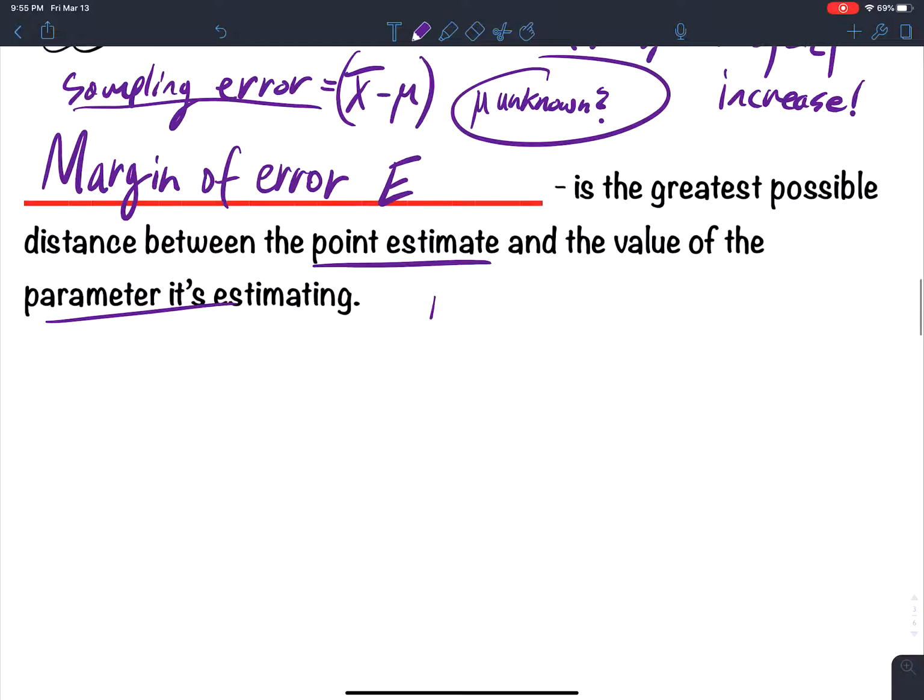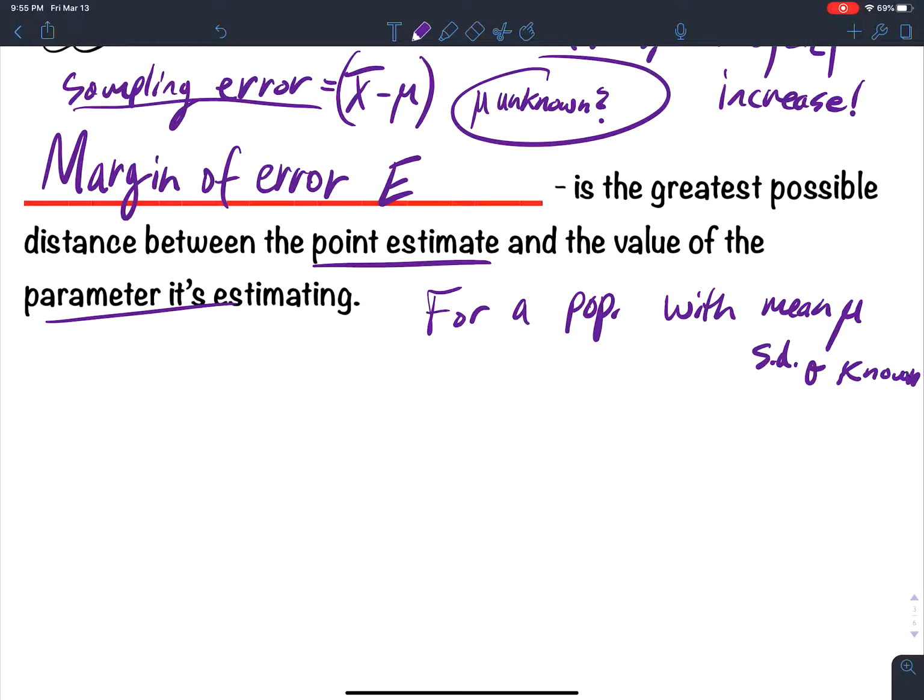So for a population with mean mu and standard deviation sigma known, we know what the standard deviation is.